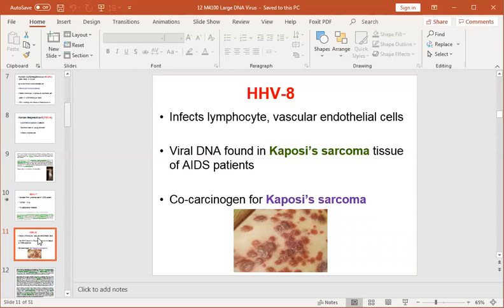Therefore, HHV8 is a co-carcinogen for Kaposi sarcoma, meaning that those individuals who have an infection with HHV8 are more prone to develop Kaposi sarcoma. So what is Kaposi sarcoma?